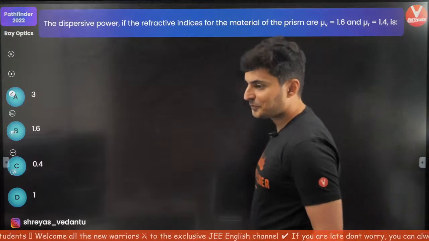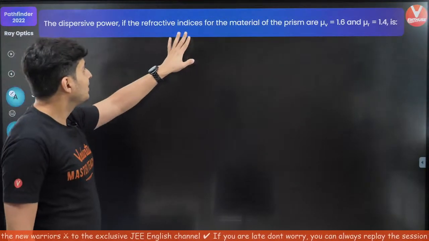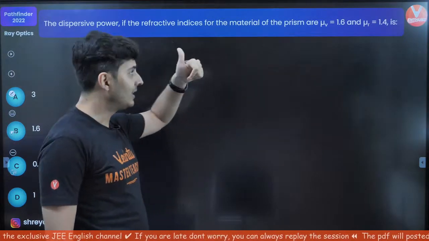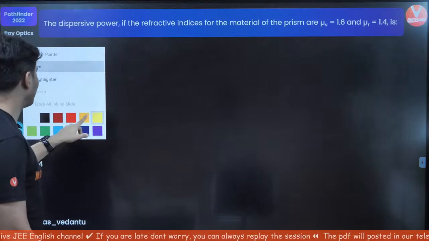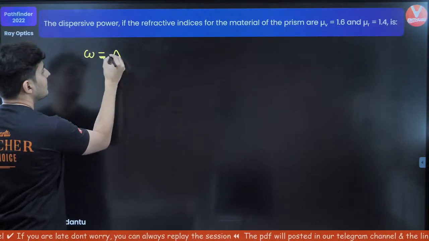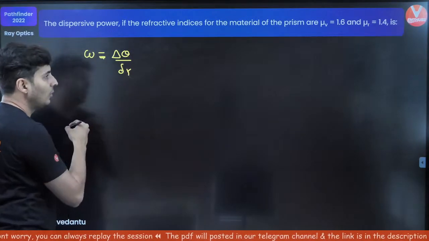Next question. The dispersive power if the refractive indices of the material of the prism are this and this. Interesting question. I just told you what dispersive power is. It is del theta by del of mean color, yellow color.